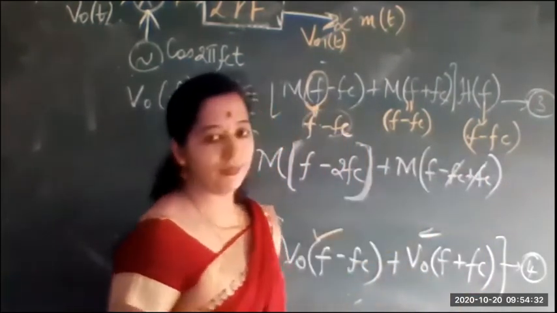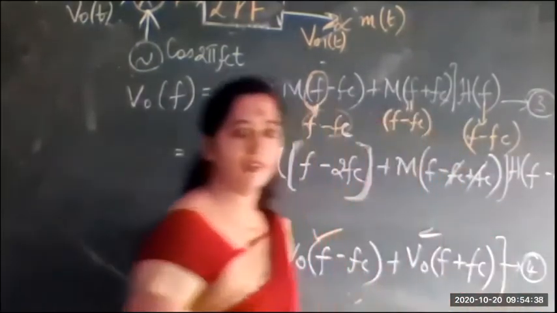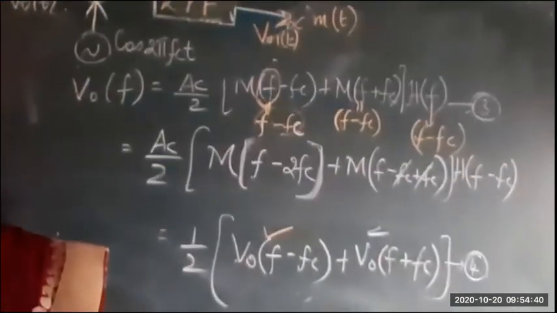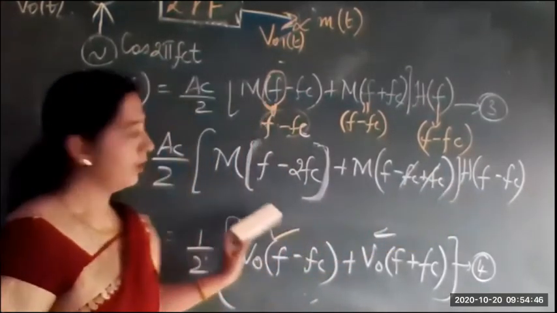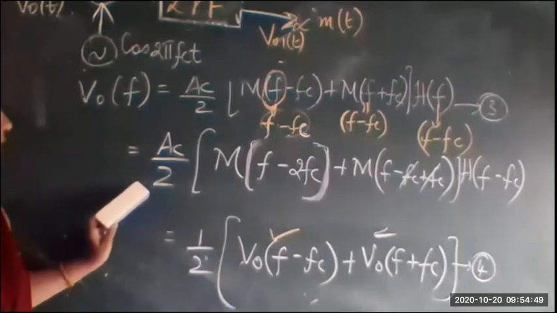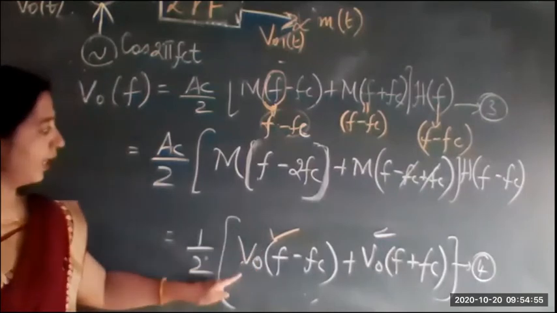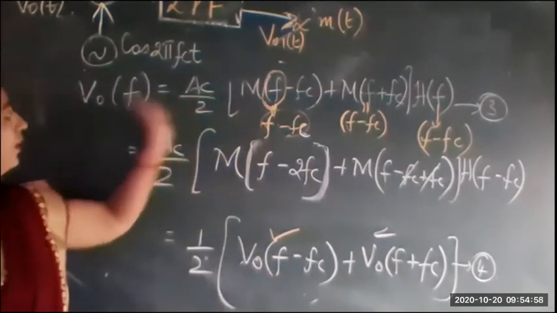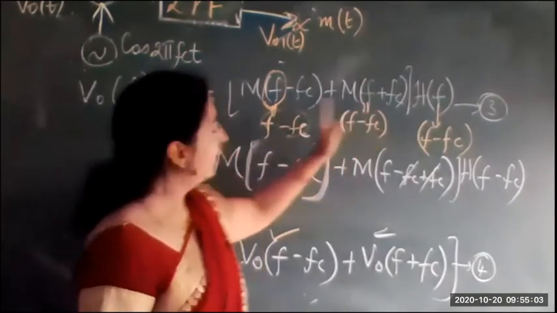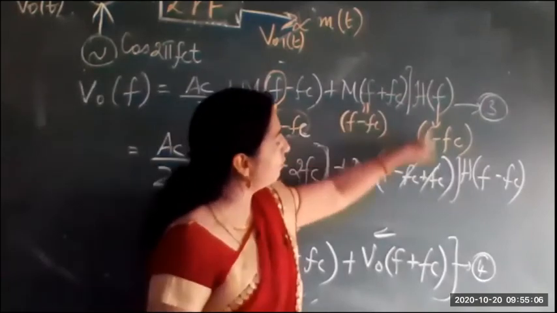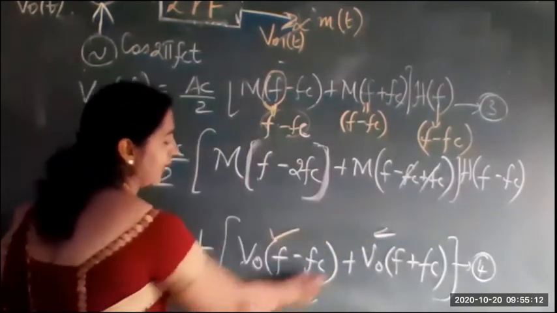So you are left with M of F into H of F minus Fc, you are able to see. So this would be the first part of this equation. I have replaced F in V naught of F with F minus Fc wherever this F was there. Instead of variable F, I am substituting F minus Fc. So this becomes the replacement and I am done with this.